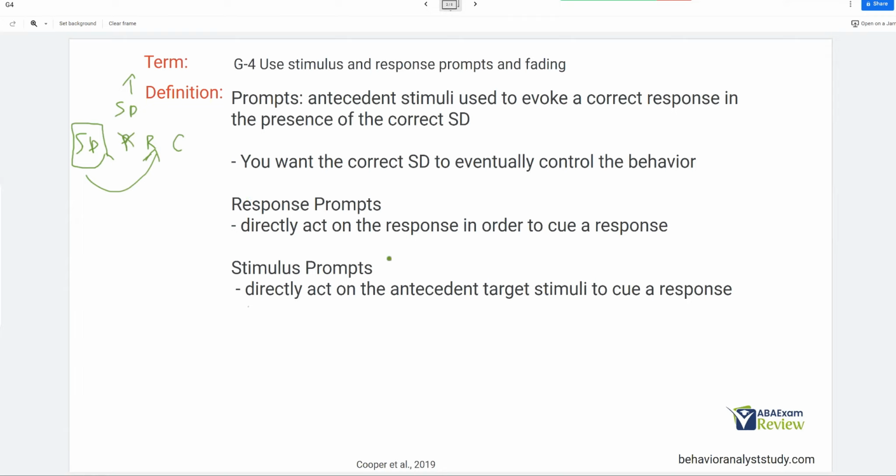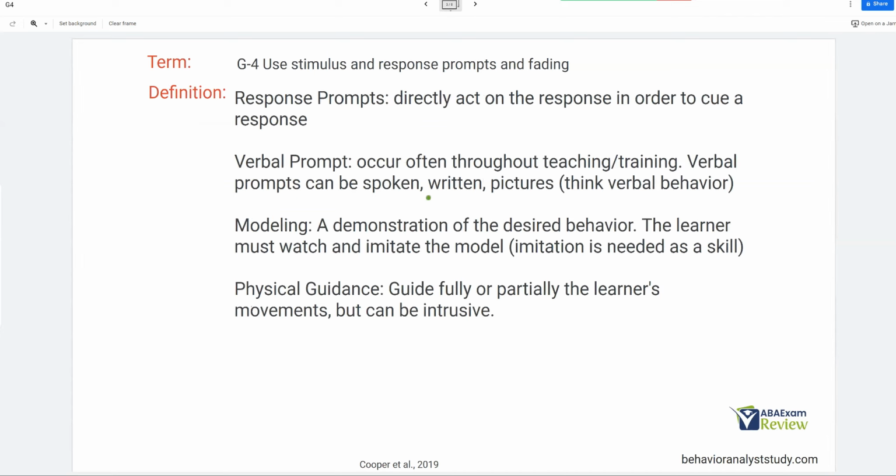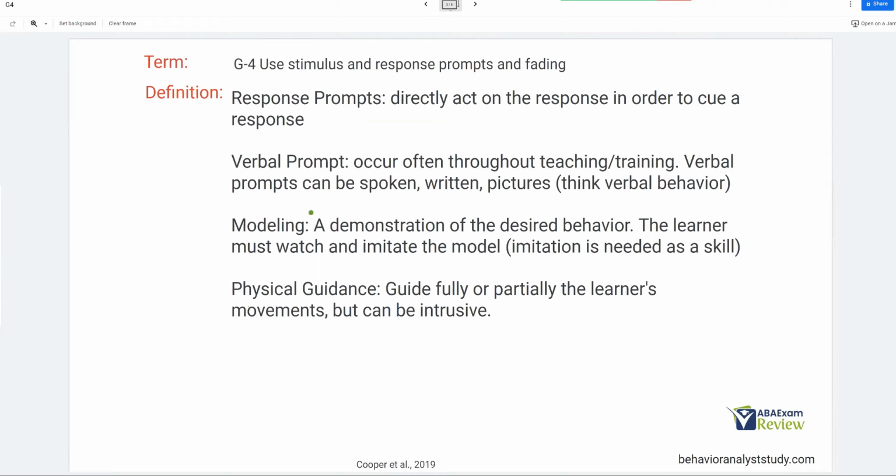Response prompts directly act on the response, while stimulus prompts directly act on the antecedent target stimuli. Very easy to remember. Are your prompts focused on the stimuli, or are your prompts focused on the response? For example, with the response prompts, a verbal prompt is going to occur often throughout teaching and training. So if I say point to yellow, and then I say, where is yellow?